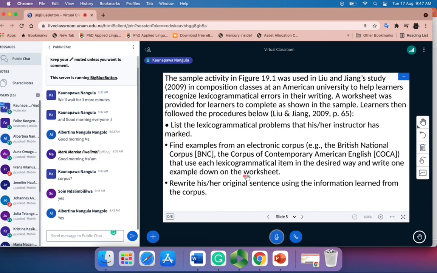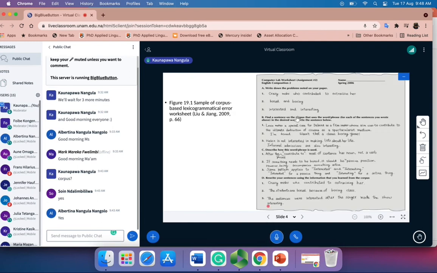So which means they go to their corpus, enter the word that they have an issue with, and then after they have entered, they copy a sentence in which that word has been used correctly. So they write it down on the worksheet so we can see. We go back. So here we have got examples. The learner had an issue with contribute to, and then bored, boring, and then interested, interesting.